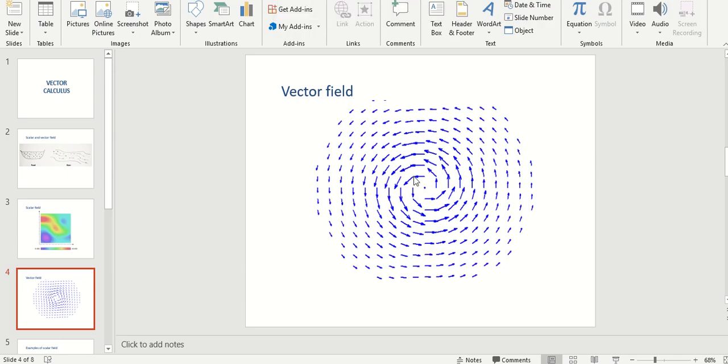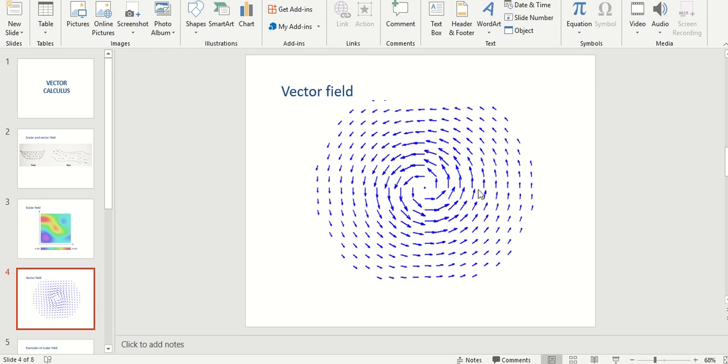Now come to the vector field. Look at this vector field. We already told that in a scalar field, no points are moving. But in a vector field, if we suppose these as points, each and every point is moving in this direction.